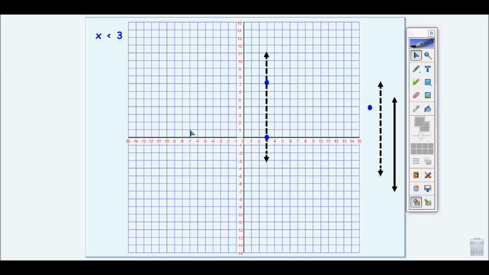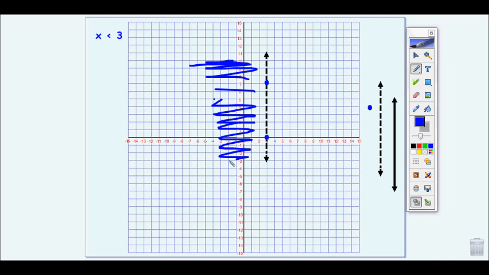This time I can still check the point 0, 0. x is 0 here. So if I put 0, is 0 less than 3? 0 is less than 3. So my shading is going to occur where 0 is part of the solution set, because the shading is representing the solution set. So I'm going to shade on this side of the line.